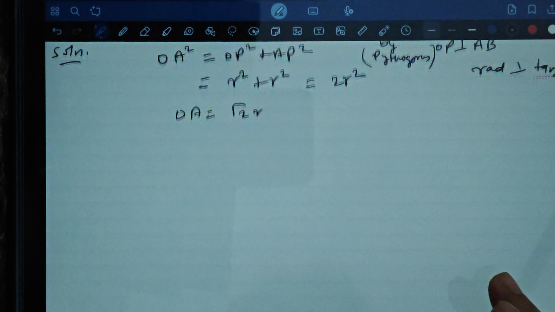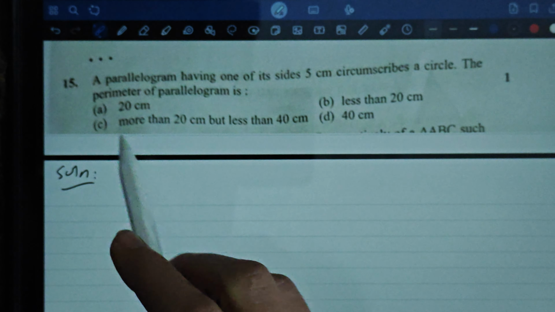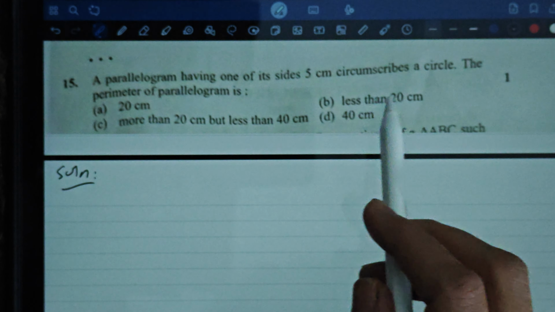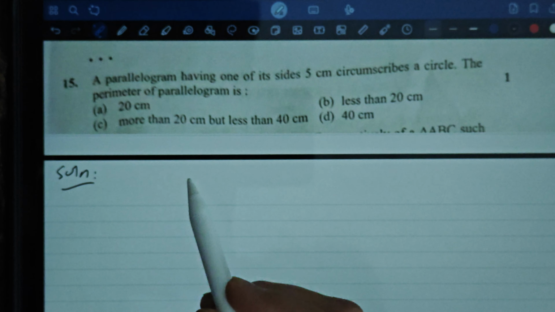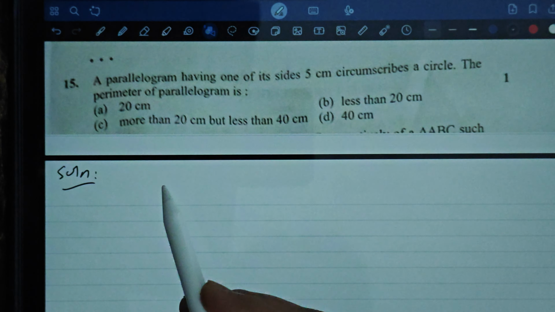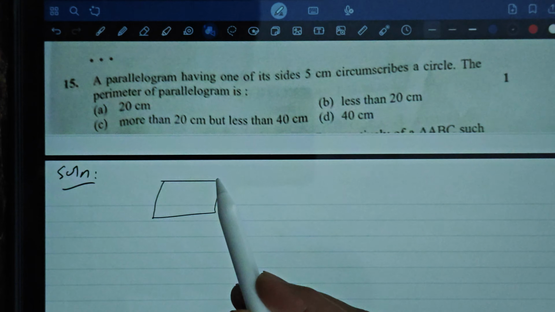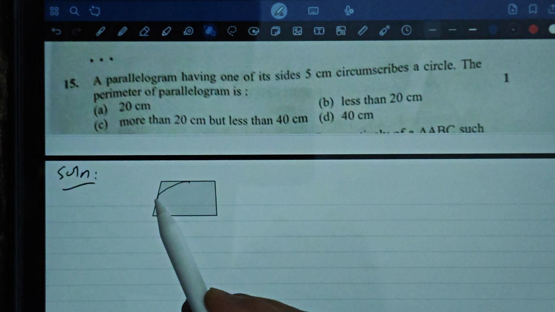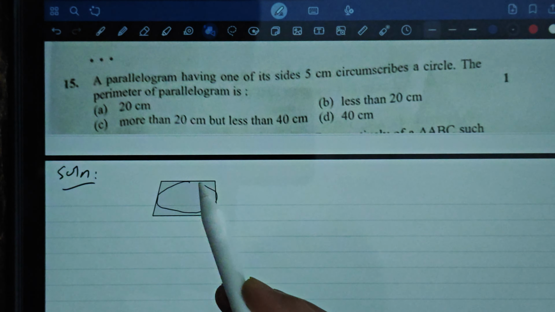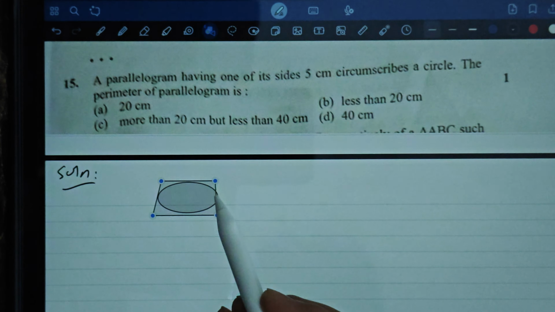Okay, come to the 15th question. A parallelogram having one of its side 5 cm circumscribes a circle. The perimeter of the parallelogram is, means parallelogram circumscribing, that I have explained to you in my video. Okay, so this is the case.